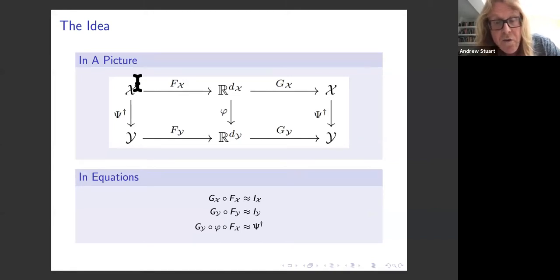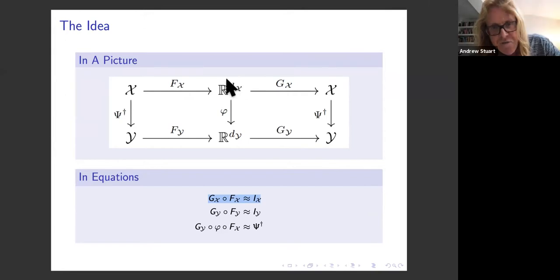Autoencoders you can think of as approximate factorizations of the identity, which go through a finite dimensional latent space. So on both X and Y, we have an autoencoder, where the composition of G and F is approximately the identity. F maps the function space X into finite dimensions, and G maps finite dimensions back into the function space.